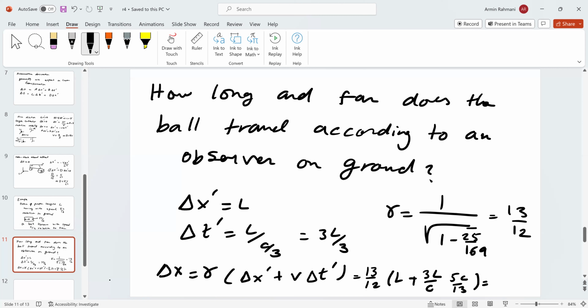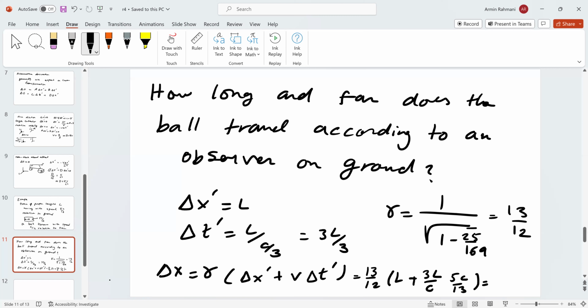The c's go away. 3 times 5 is 15 over 13. 15 plus 13 is going to be 28.